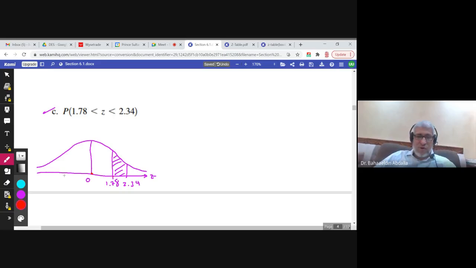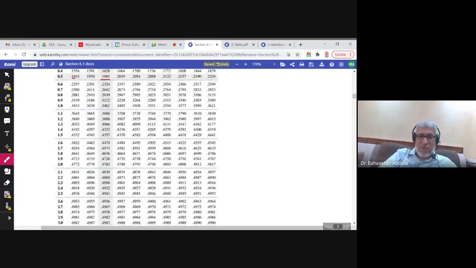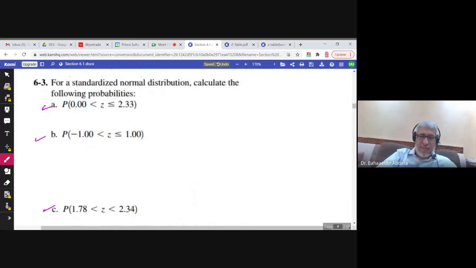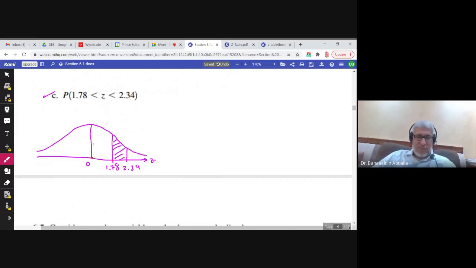So I can look to 1.78 in the table and find this area. If you look to 1.78, so 0.4625. So this is 0.4625, and this is of course 0.5 if you need it. You may not need it.